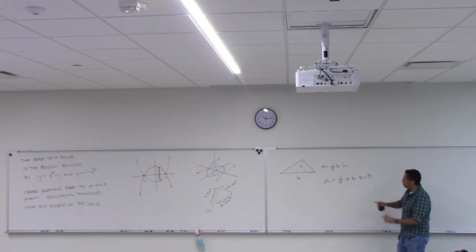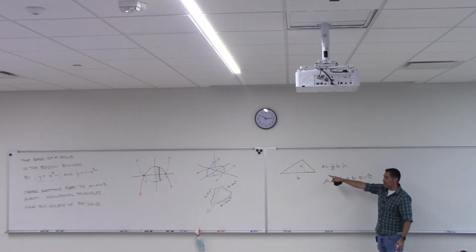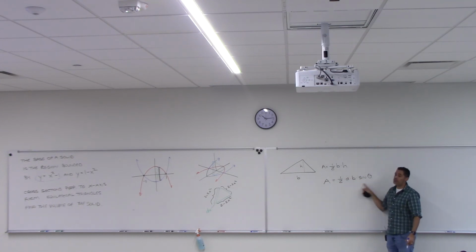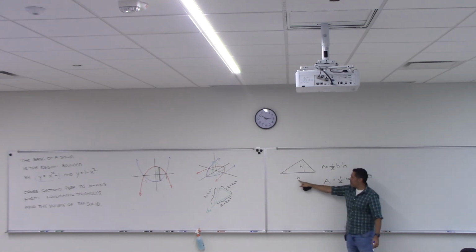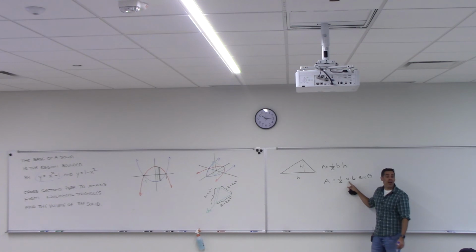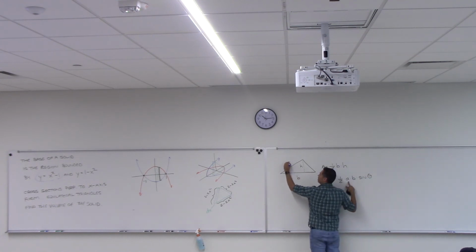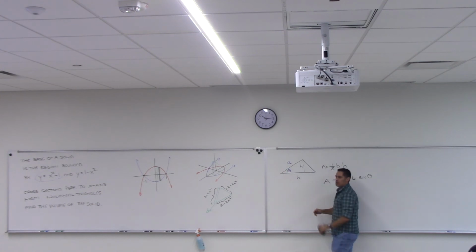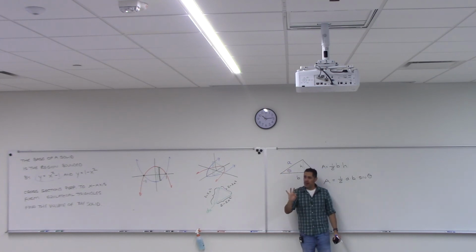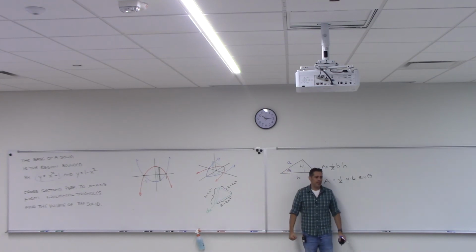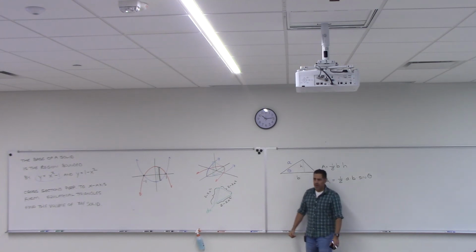What this formula says is that if you have a triangle, the area is, of course, 1/2 base times height, or this formula. B is the base, A is another side of the triangle, so that's this side, and theta is the angle between them. So this formula says if you know two sides of a triangle and the angle between them, you can tell me the area of the triangle. That's what that formula says.